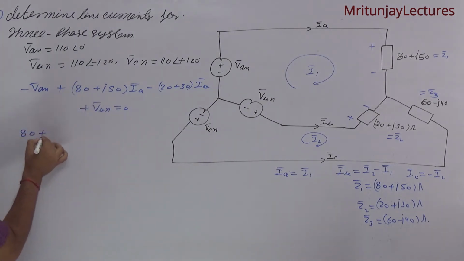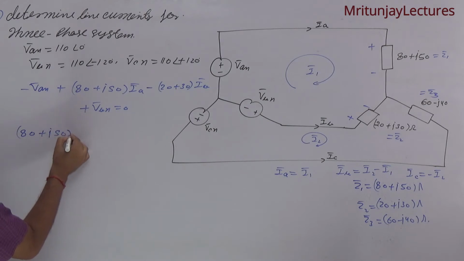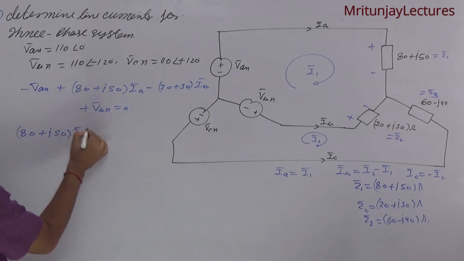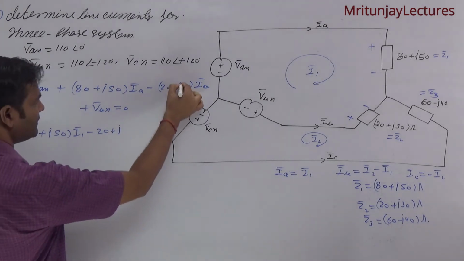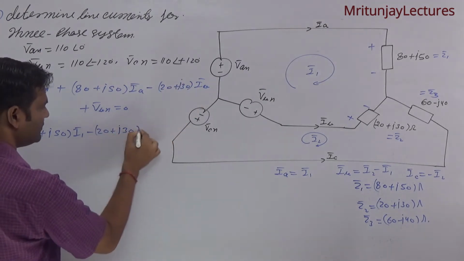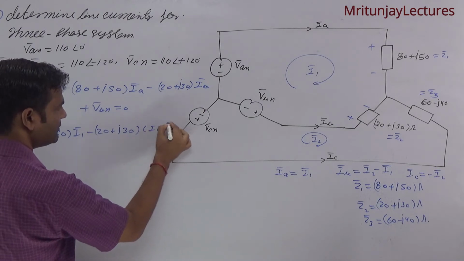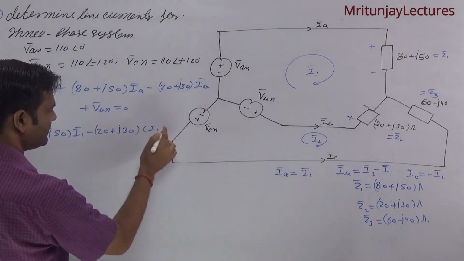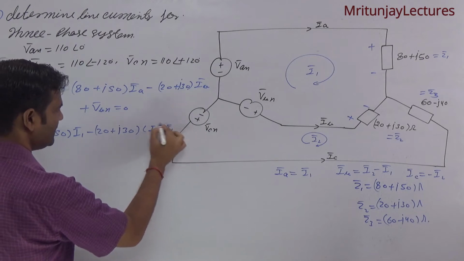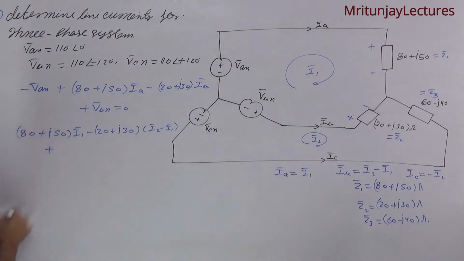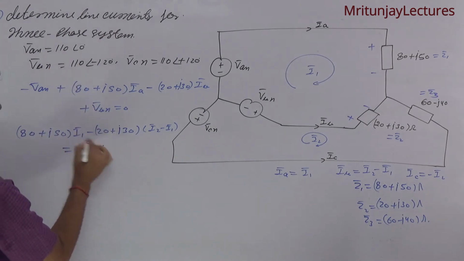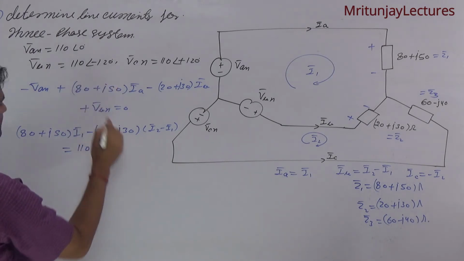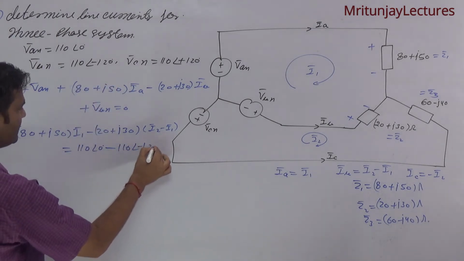That is 40 plus J50 into I1, minus 20 plus J30 into I2 minus I1, sorry, I2 minus I1, this is equal to V of AN, that is 110 at the angle 0, minus V of BN, VBN is 110 at the angle minus 120.